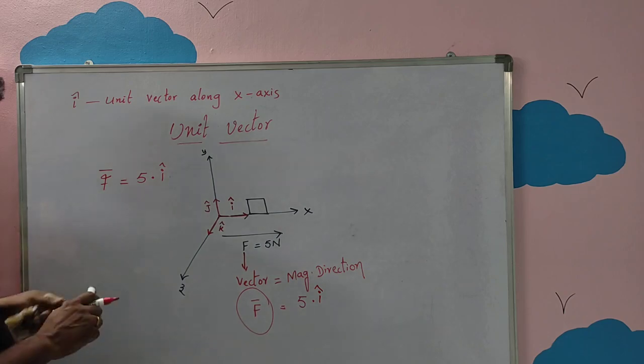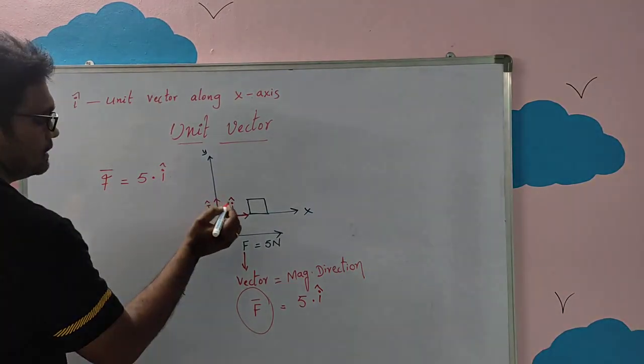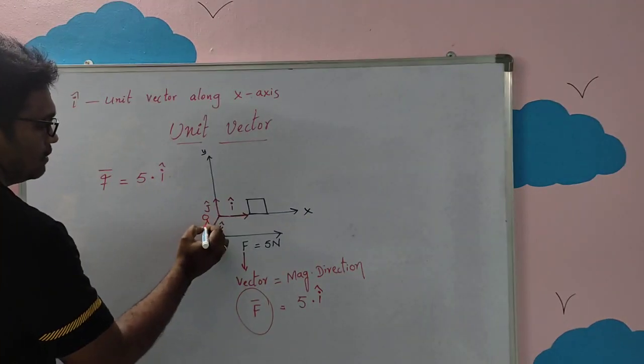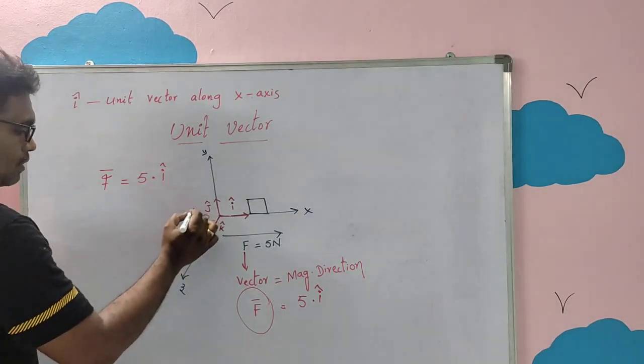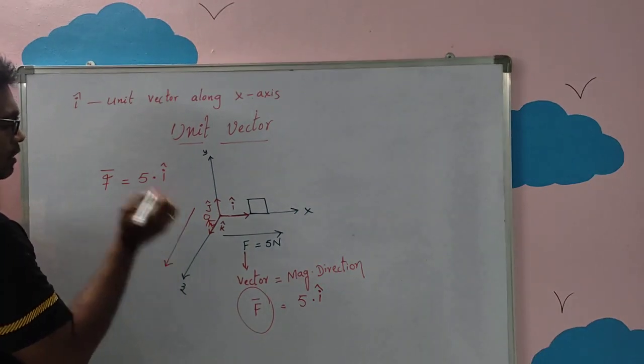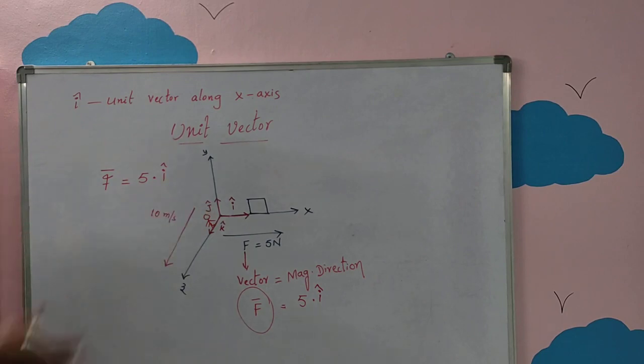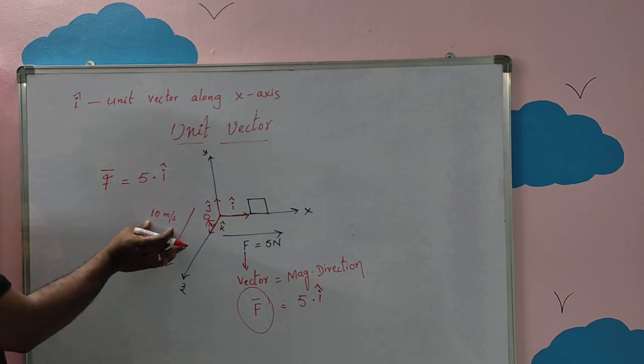Now if any object is running, for example say this is me, and I am running along the z axis with 10 meters per second velocity. So I am running along the z direction, with what velocity? 10 meters per second.